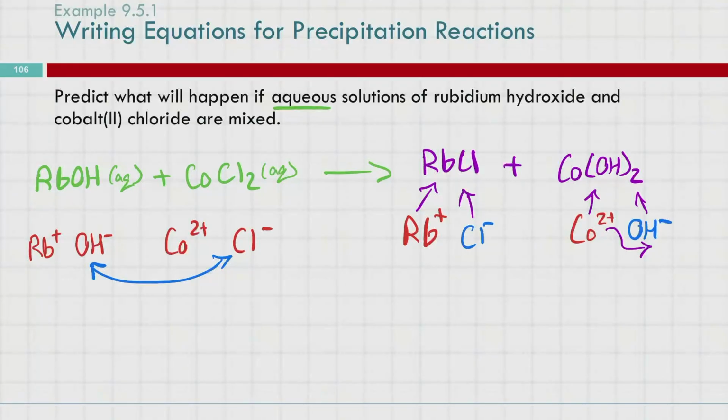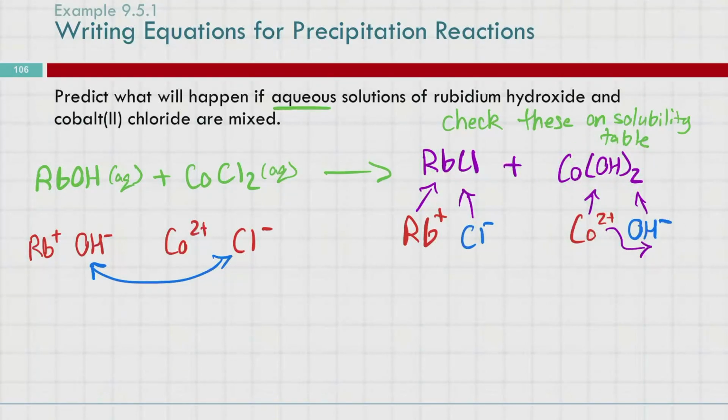This doesn't mean that a reaction has occurred. This is just what we need to check. So check these on the solubility table. So we're looking for RbCl and Co(OH)2.